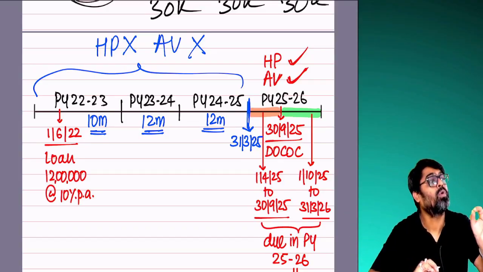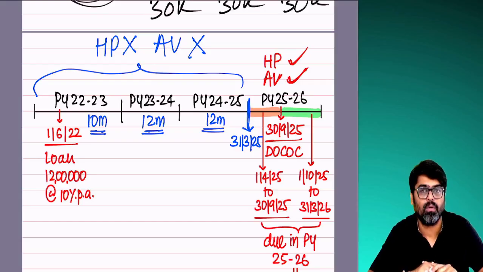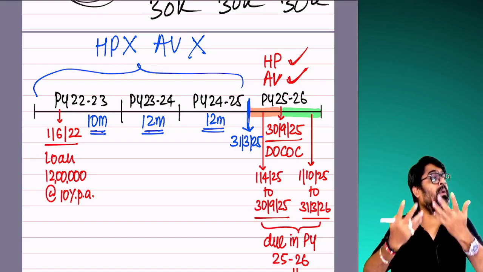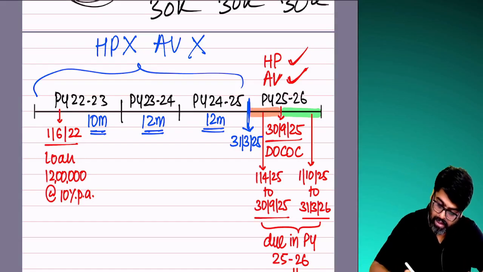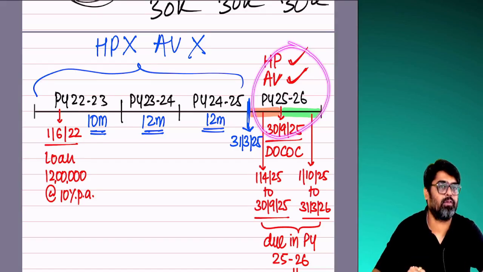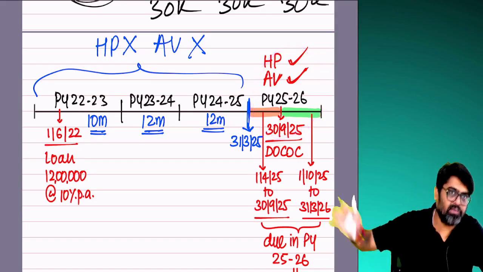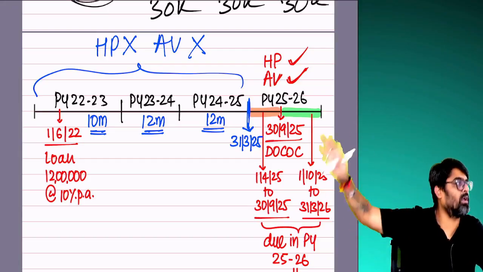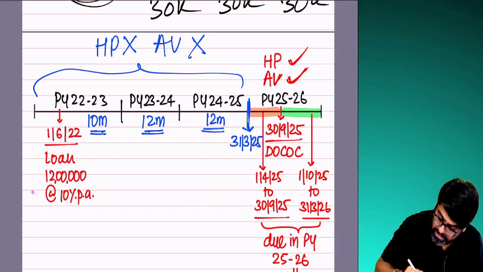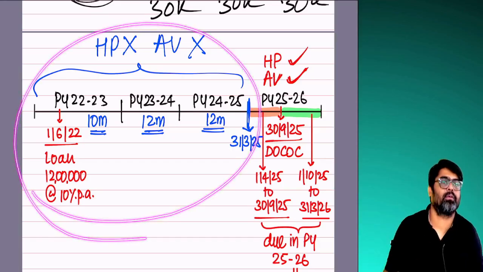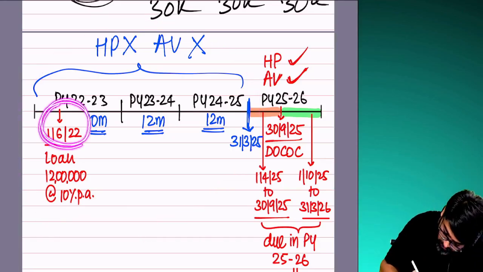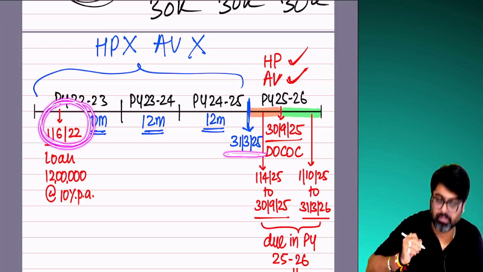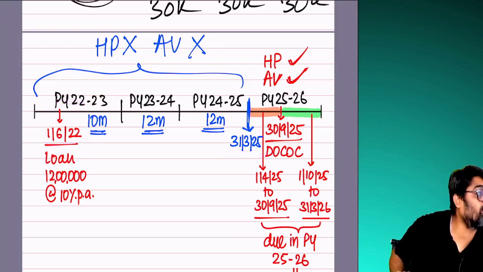When are you having your house property for the first time? In 25-26. So from this year onwards, whatever interest becomes due will be allowed. But what about the earlier interest, starting from your date of borrowing till 31st March? Which 31st March?